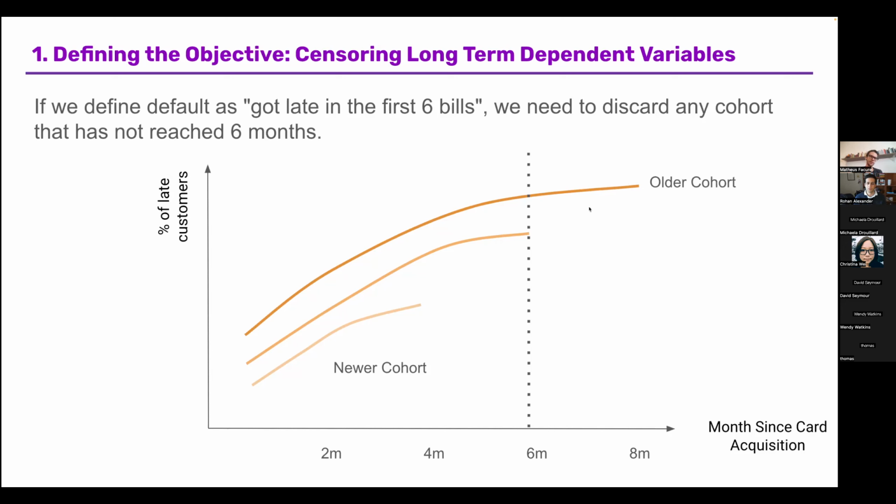And you get to see if those customers defaulted or not if you're using a target window of 6 months. But for the newer cohorts, it seems that the risk is decreasing. So if you have to rely on very old data to retrain your model, it's going to be very hard to predict the risk of the newer cohorts. And if this is not stationary, like if risk increases and decreases, this becomes a problem.